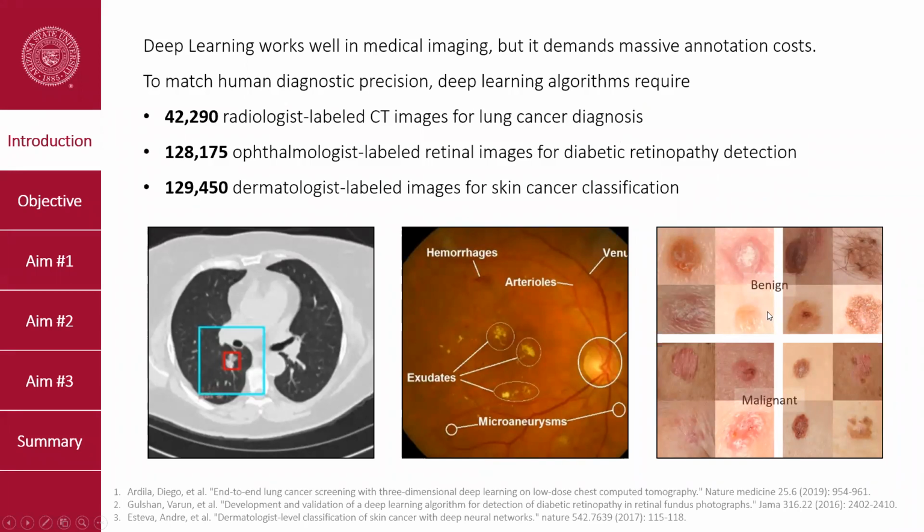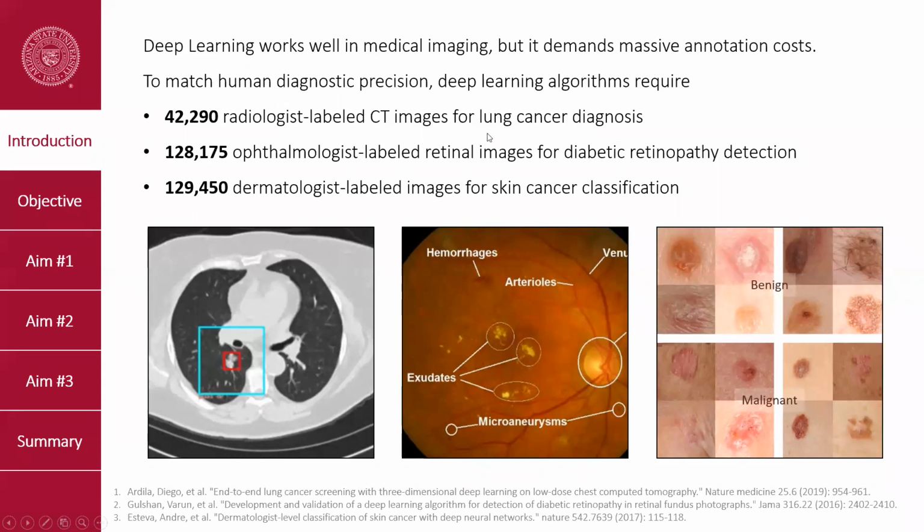However, training a deep model needs a huge amount of annotation cost. What is annotation? As an example, to train a deep model for lung cancer detection, the human expert has to tell it where the nodule is, how big it is, and whether it's benign or malignant for every patient CT scan.